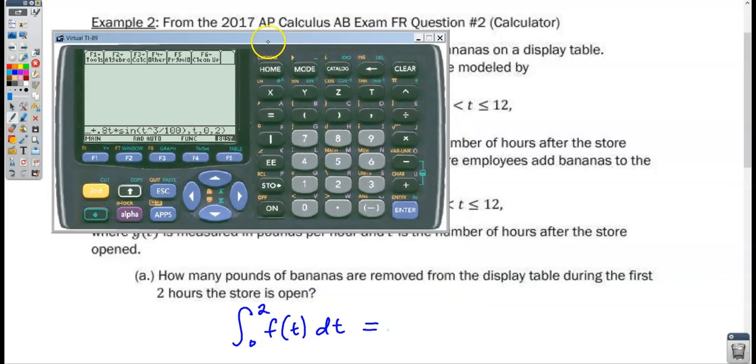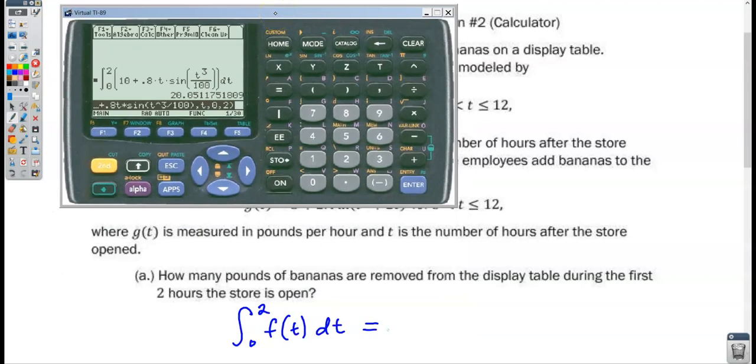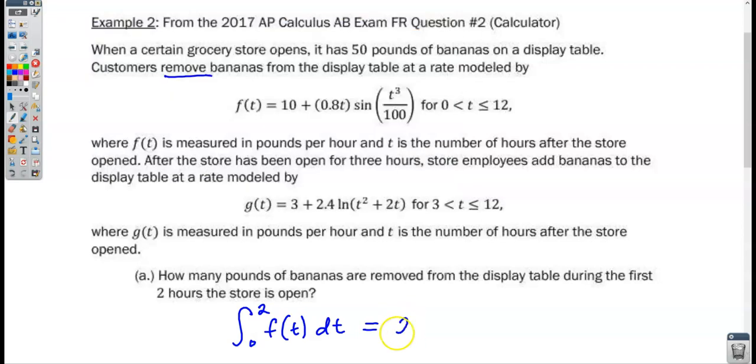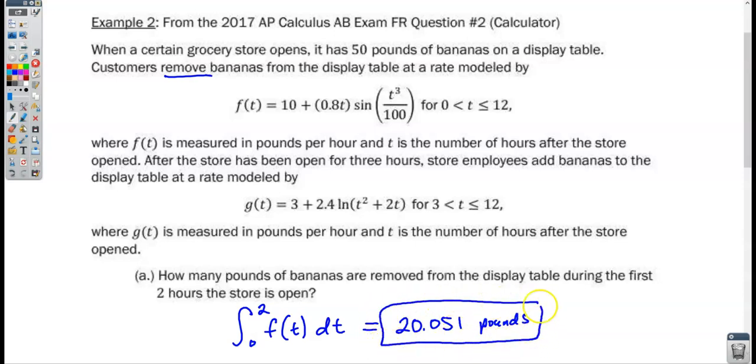Let my calculator handle the calculations here for us. And we get 20.051 pounds. Okay, not too bad, pretty straightforward. Just integrate the rate at which they're removed.